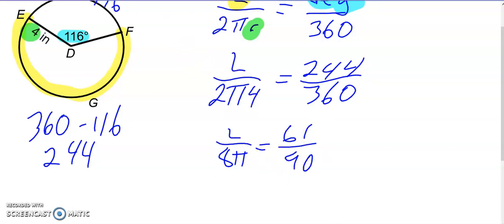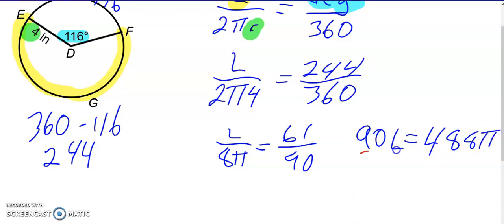Now that I've got 2 fractions that equal each other, let's cross multiply. We're going to have 90L equals 61 times 8, which gives me 488 pi.